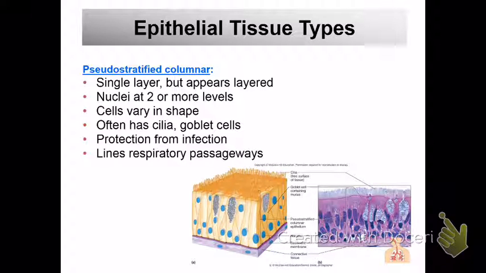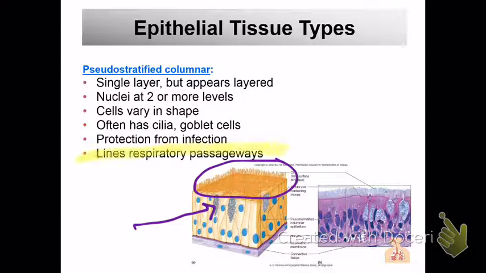The cells vary in shape. Nuclei are in different places. Okay, they often have these little bitty hairs on the top of them. These little bitty hairs at the top of them. They still have the goblet cells. Goblet, mucus, slimy. But where you want to know that these happen are in the respiratory tract, down the trachea and the bronchi and in the lungs.